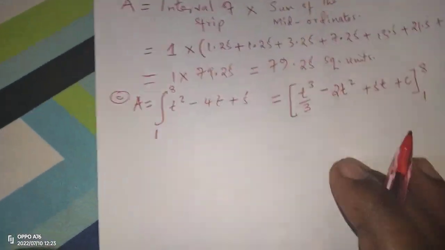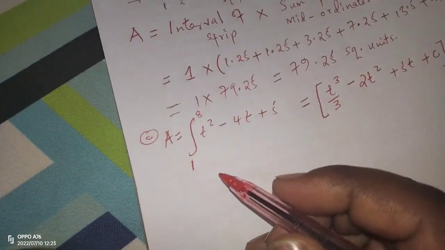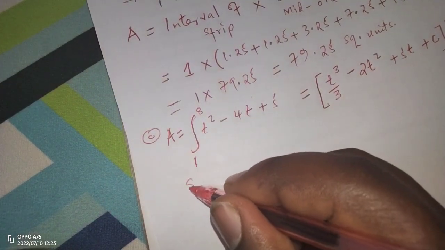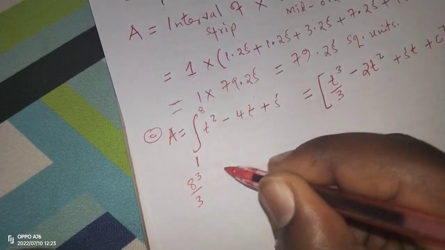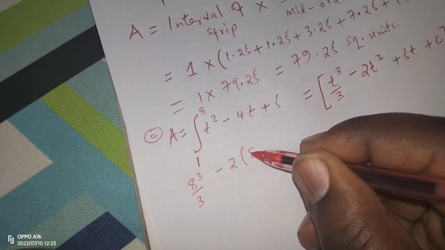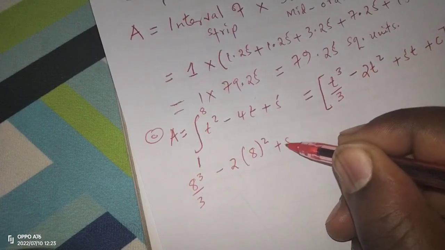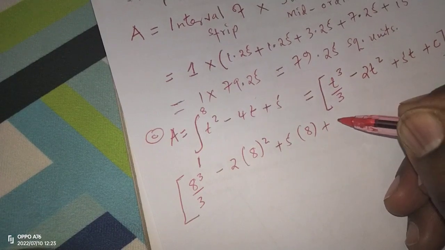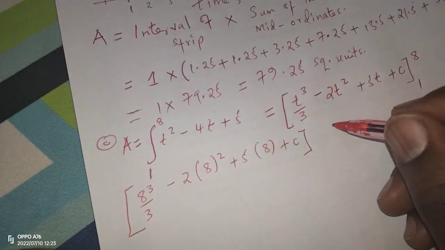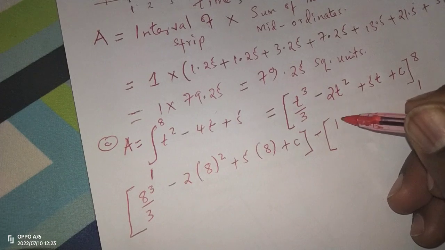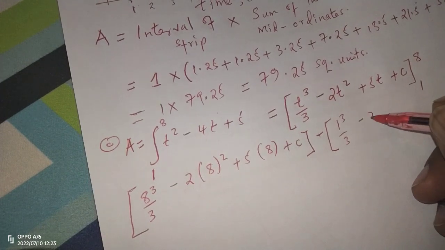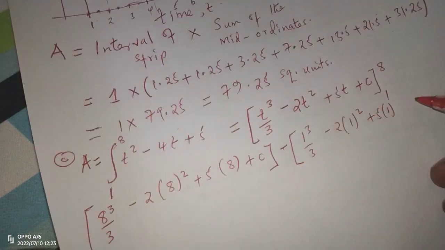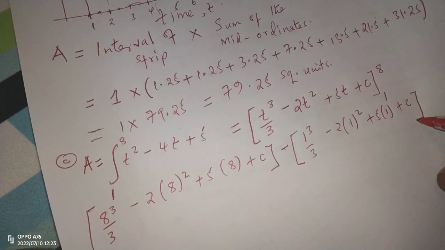So now we can get the value of the area after substituting 8, such that we will have 8 cubed over 3 minus 2 into 8 squared plus 5 into 8 plus a constant of integration, then minus 1 cubed over 3 minus 2 into 1 squared plus 5 into 1 plus a constant of integration.